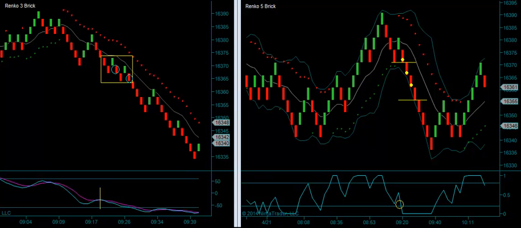Something else that's necessary for add-ons is your price extreme has to be either below the lower extreme line, or you would have to get another hook below the lower extreme line. Just note that if you get a midline reject trade setup, but the hook is from above the upper extreme and then goes below it, that is not the component for the trade setup.